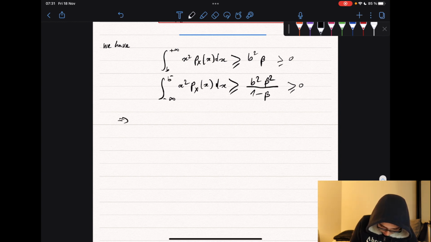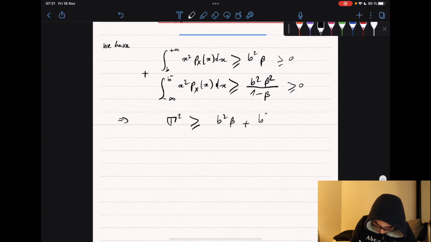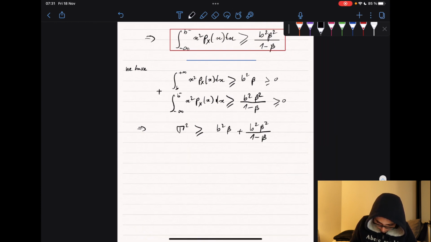Hence, sigma squared, which is the sum of these two, is higher than or equal to b squared beta plus b squared beta squared over 1 minus beta. Okay?